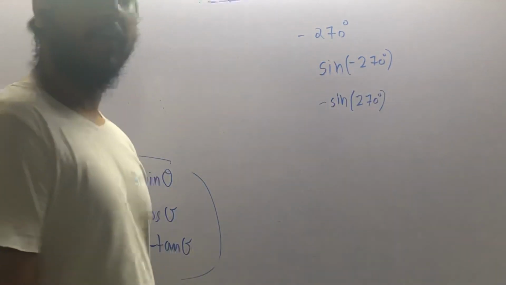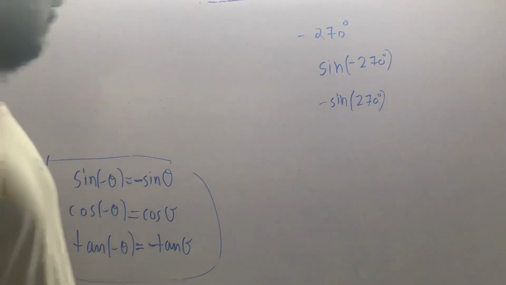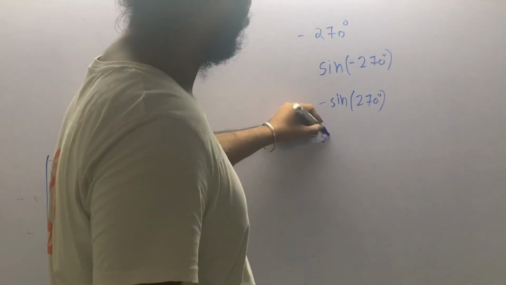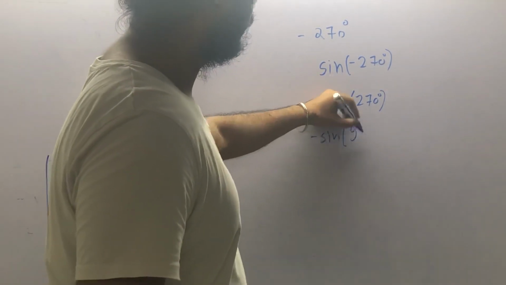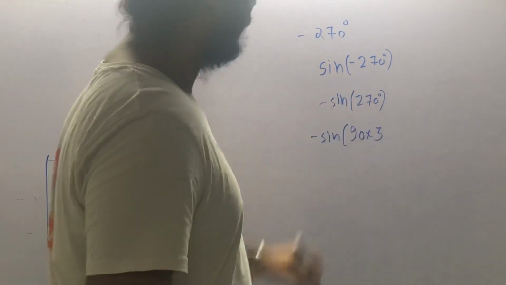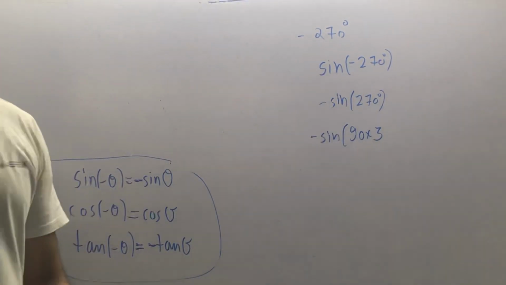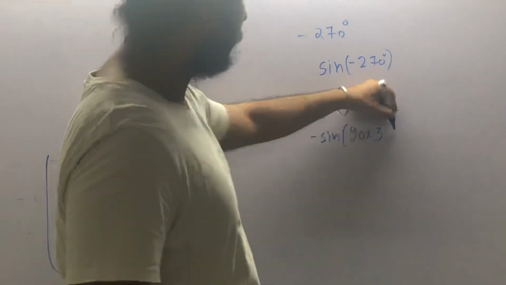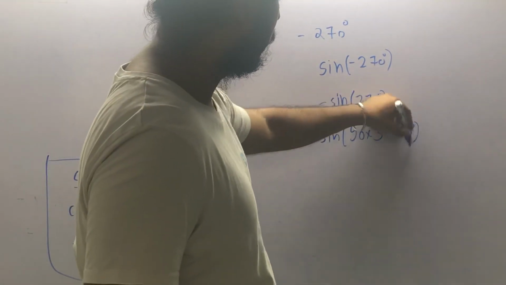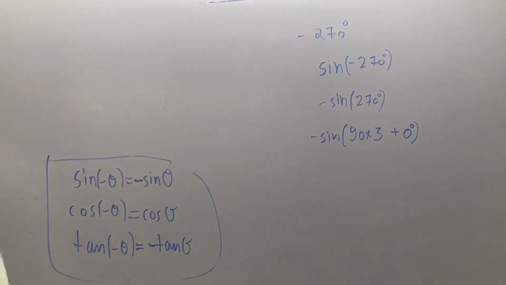Okay. So how can you write it in the multiple form? This is quite a simple question. 90 into 3 is what? 270. So nothing is remaining. So you will simply write 0 here.